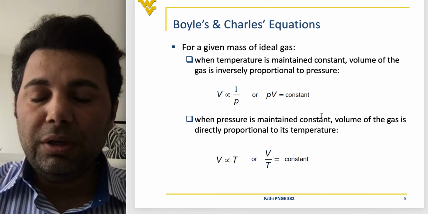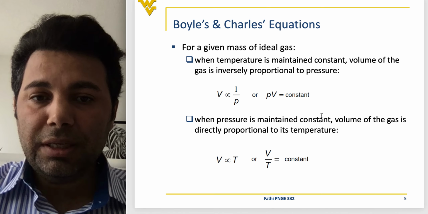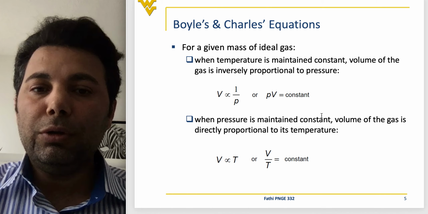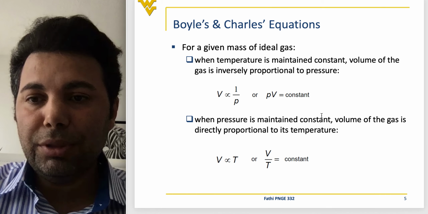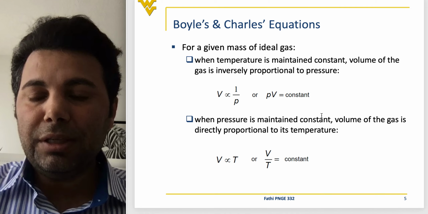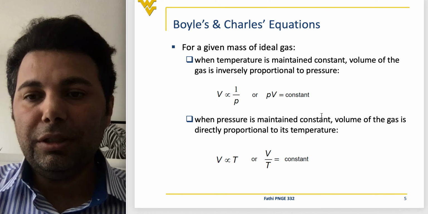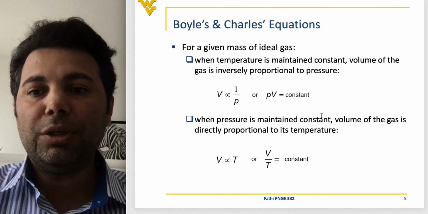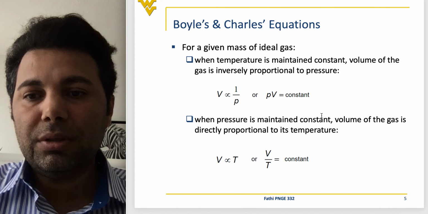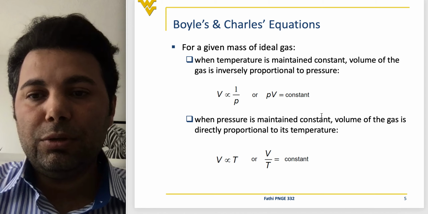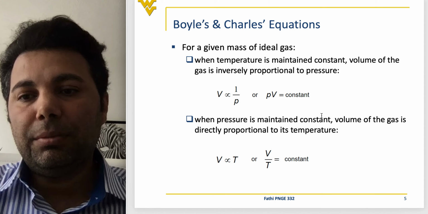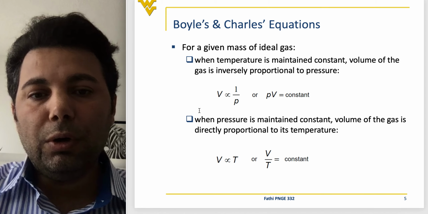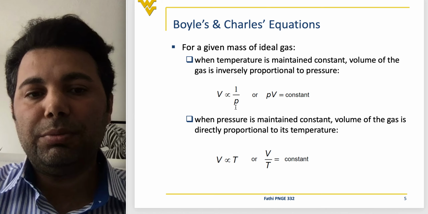If the temperature is constant and we increase the volume, pressure goes down because the number of molecules is the same. If you increase the volume, the number of molecules per volume goes down, so the pressure goes down. So the volume has an inverse relationship with pressure.